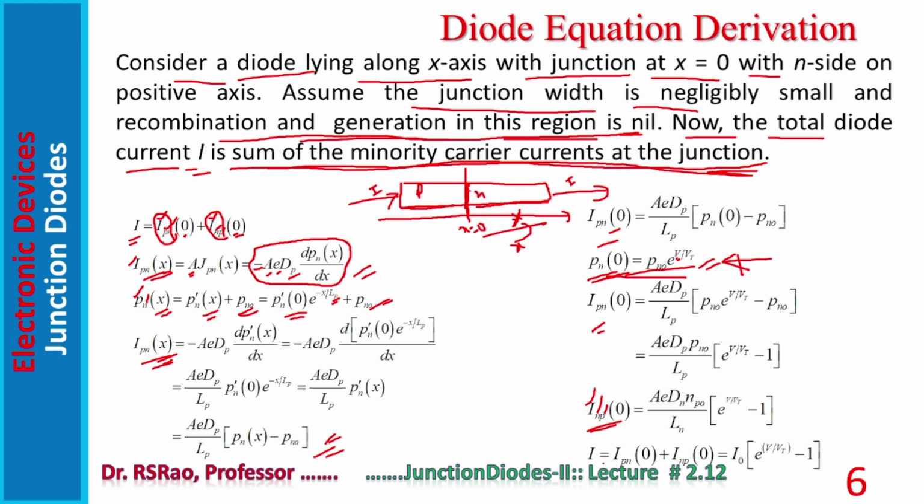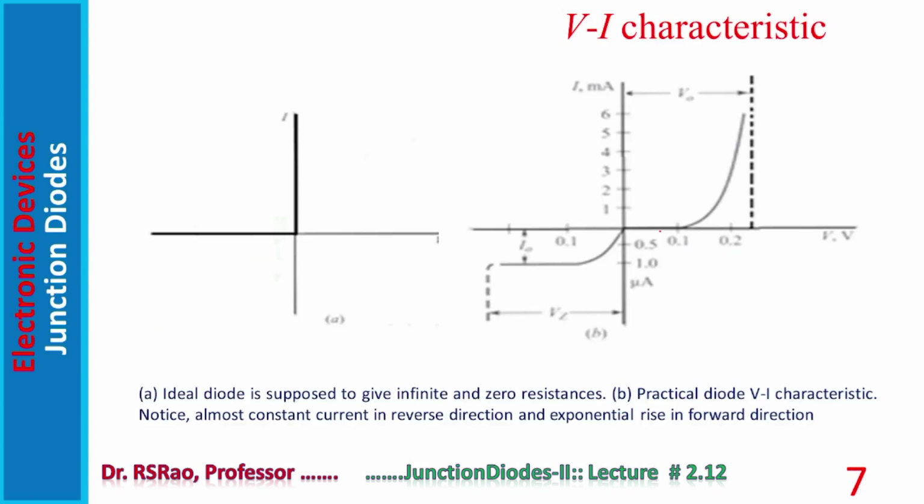Total current is, of course, IPN(0) plus INP(0). Combining these two expressions, we will be getting a constant. This constant is named as I0 (e^(V/Vt) minus 1). This is the way the current voltage relation of a PN junction diode is derived.